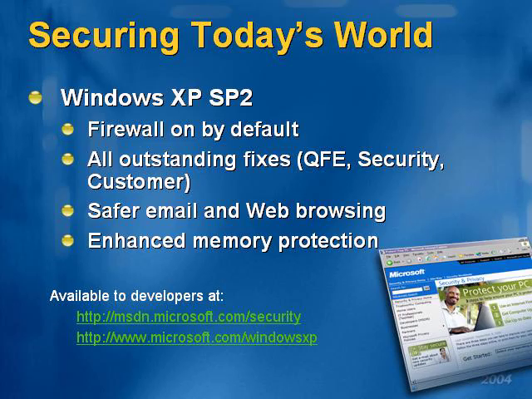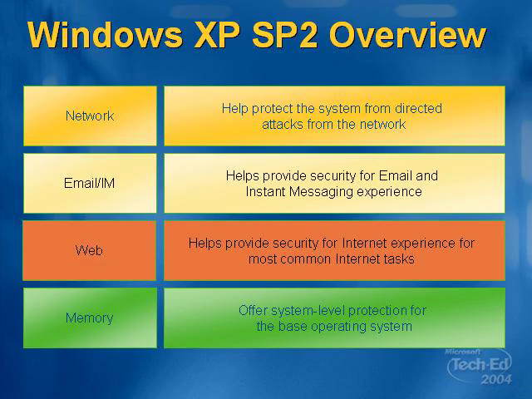Things like the AMD Athlon 64 with its non-execute or NX protection, Transmeta, Intel, VIA, all shipping or planning to ship in the next six months, CPUs that now provide a level of hardware protection to assist you in defending against buffer overruns. So we're taking all of that and moving it into Service Pack 2.